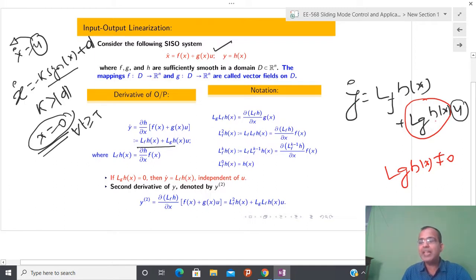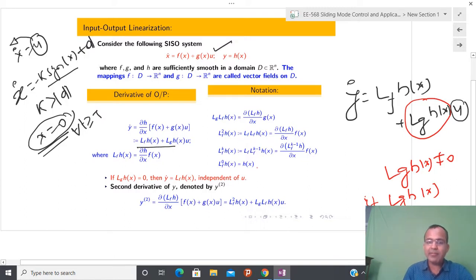But suppose LgHx is 0, then what happens? If LgHx is 0, then now I have a relation like this, some relation with LfHx. So in the first derivative of the output, control is not going to appear explicitly.